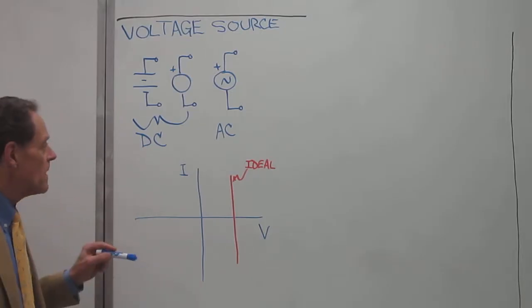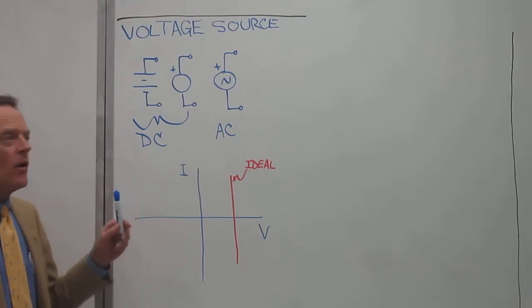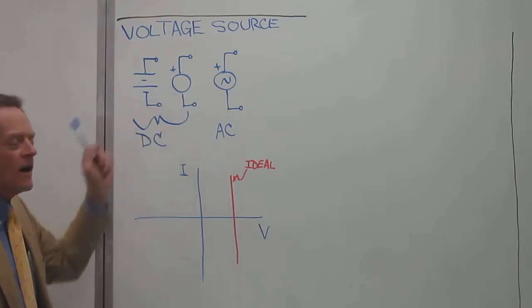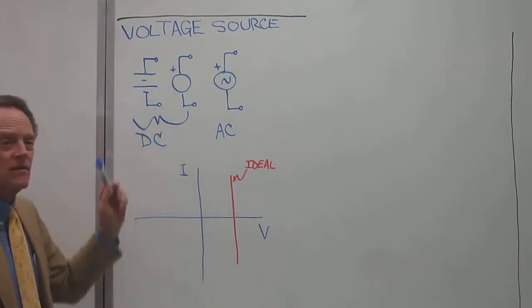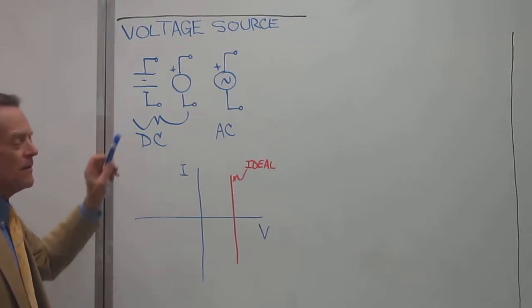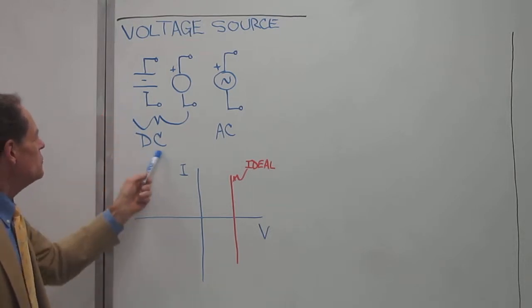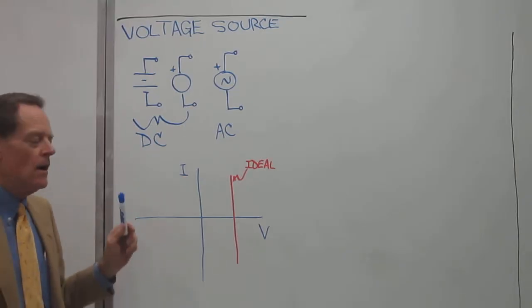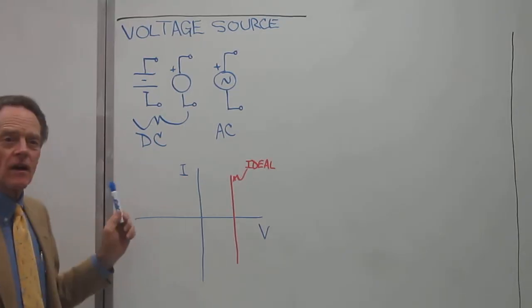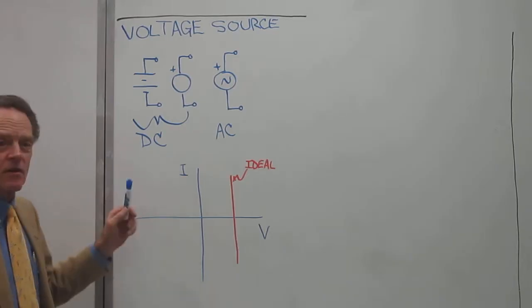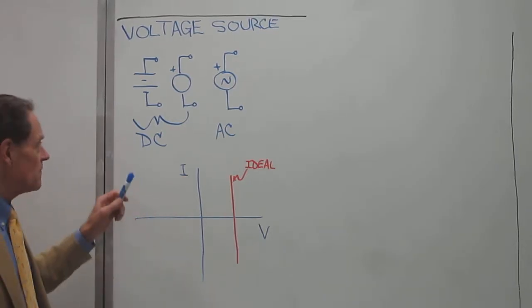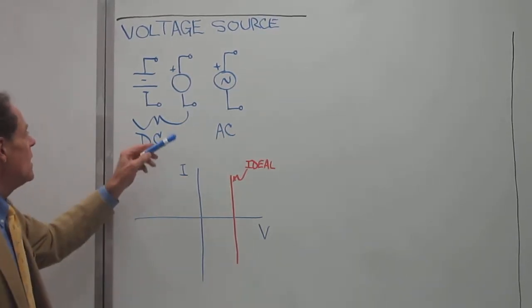And so first I want to show you the symbols that are used in schematics for a voltage source. There are two main symbols that are used for direct current, or DC, constant voltage kinds of voltage sources.